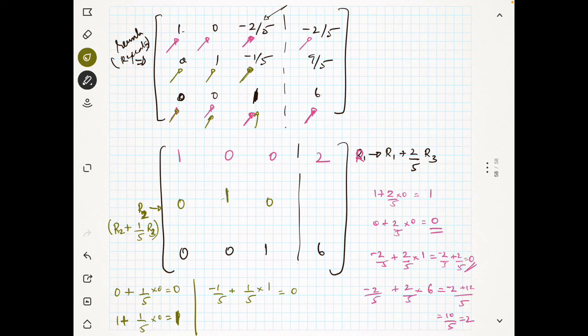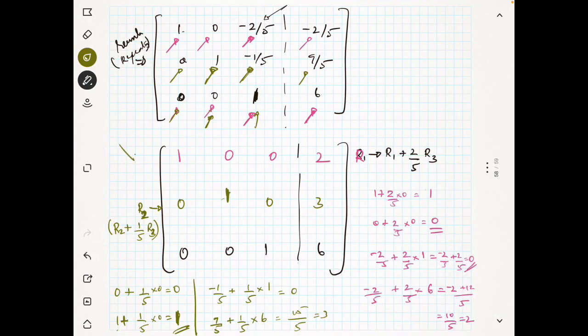You see here, this is 1 plus 1 by 5 into 0. That means 1 plus 1 by 5 into 0 is 1. So that's why I made a mistake here, okay? So it's 1. Next, okay, next is 9 by 5, right? So we have 9 by 5 plus 1 by 5 into 6. So you will get 9 plus 6 is 15 by 5, which is equal to 3, right? You will get it as 3.